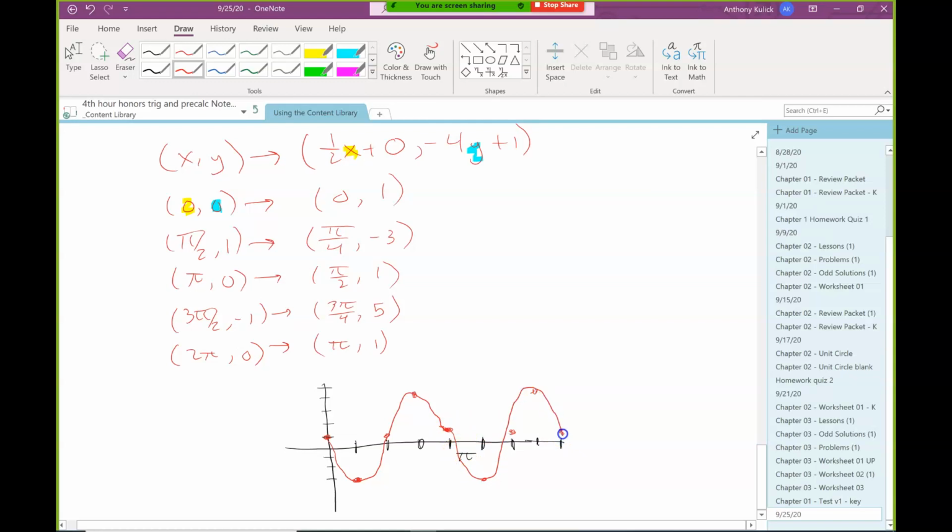I don't even need to generate any more key points because I know the graph is the same thing over and over again, right? And if I wanted another period, I would just extend another one, either forwards or backwards, and I can do that as long as I like, depending on what the directions of my problem ask for. What do you guys think about that? That's not too bad, right?